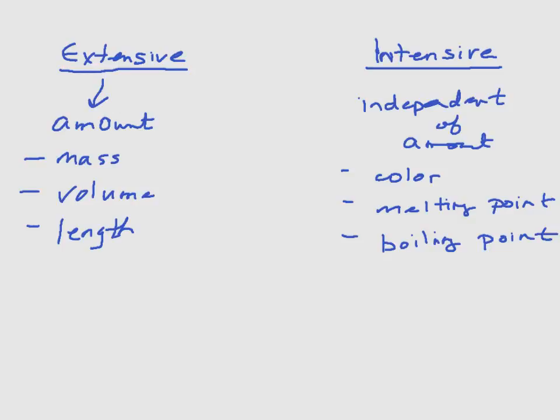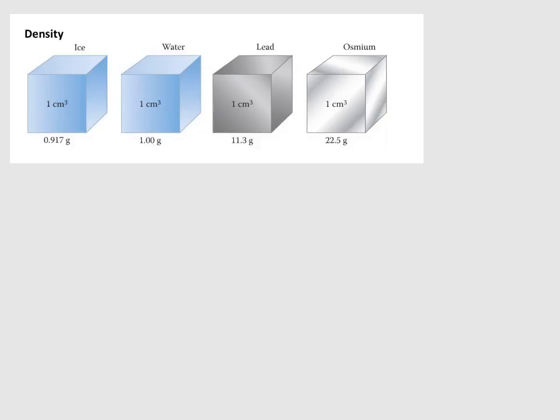Now density is the last one I'm going to talk about. There are lots of properties, but density is something we should elaborate on. This picture comes from your booklet, and you can see that there are 4 blocks. They're all exactly the same volume, 1 centimeter by 1 centimeter by 1 centimeter, which is 1 cubic centimeter in size.